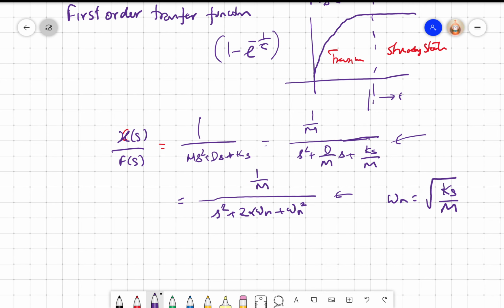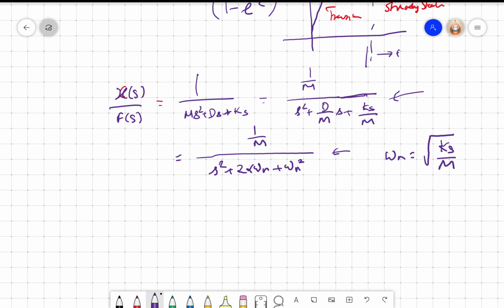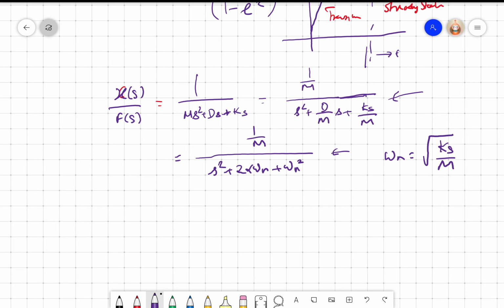And if I now equate d by m is equal to 2 alpha omega n, then I can calculate the value of alpha, right?